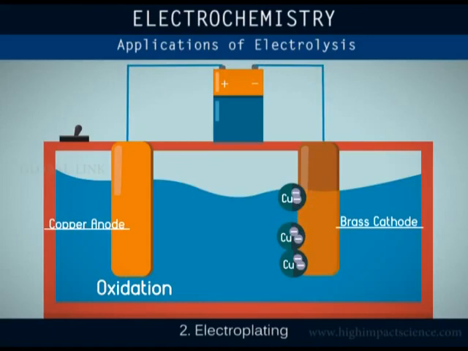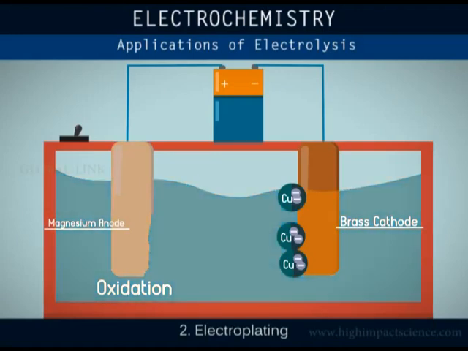The copper anode gradually dissolves because it's losing copper atoms into the solution. So the concentration of copper 2 ions in the solution stays the same. If another metal was used as the anode, then the copper 2 sulfate solution would get paler because copper 2 ions are not being replenished in the solution.